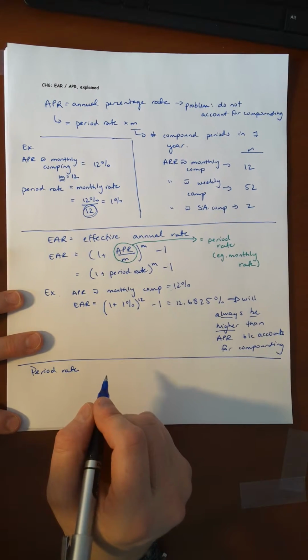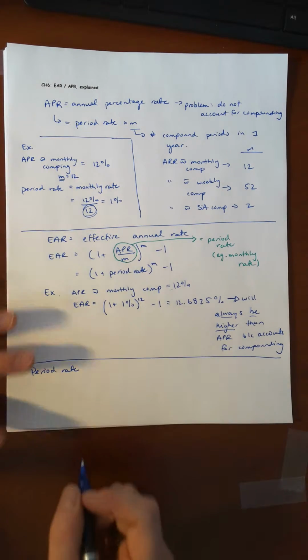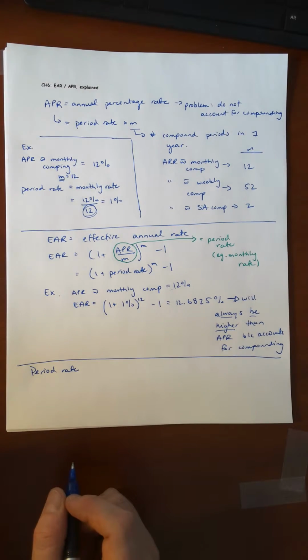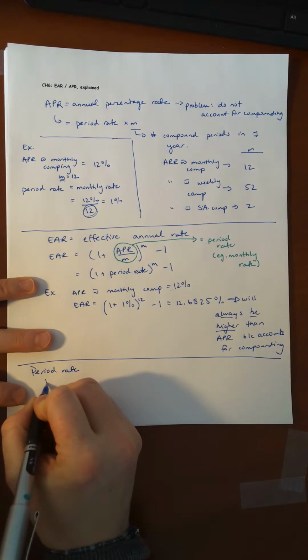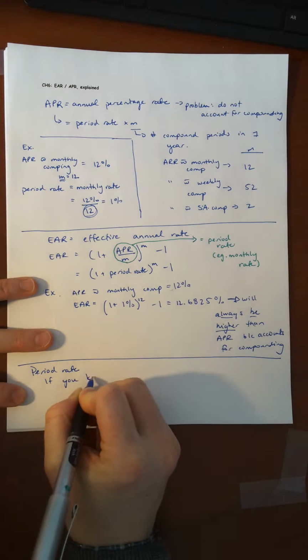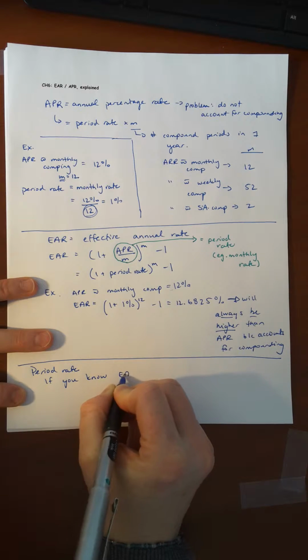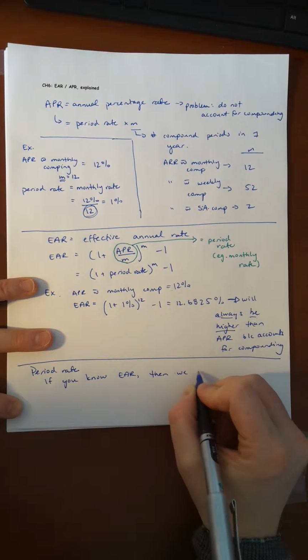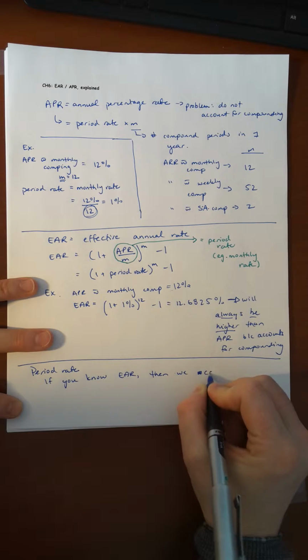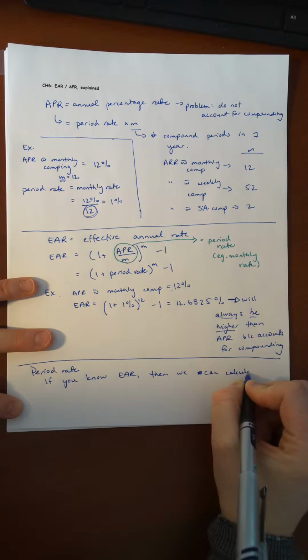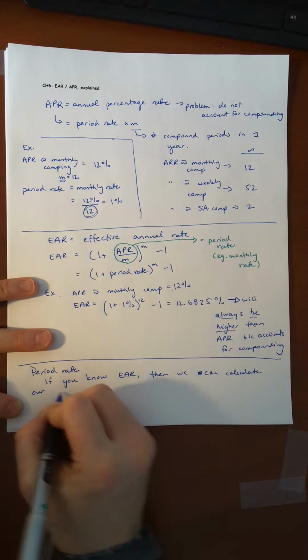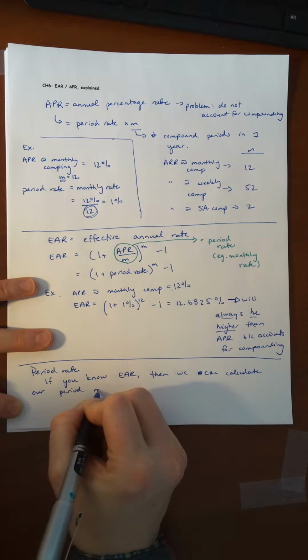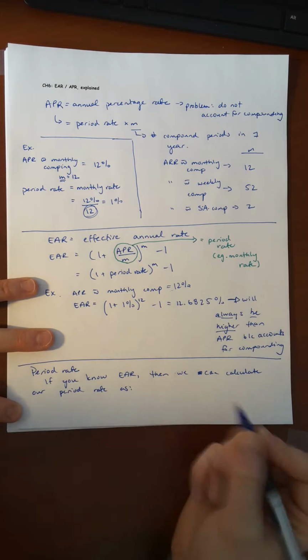And I've shown you in class that there's a formula that you can remember that helps you get there. So if you know the EAR, then we can calculate our period rate as follows.